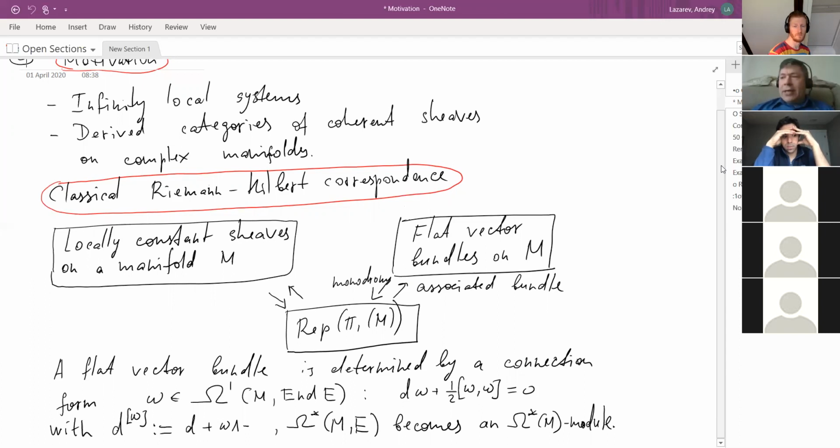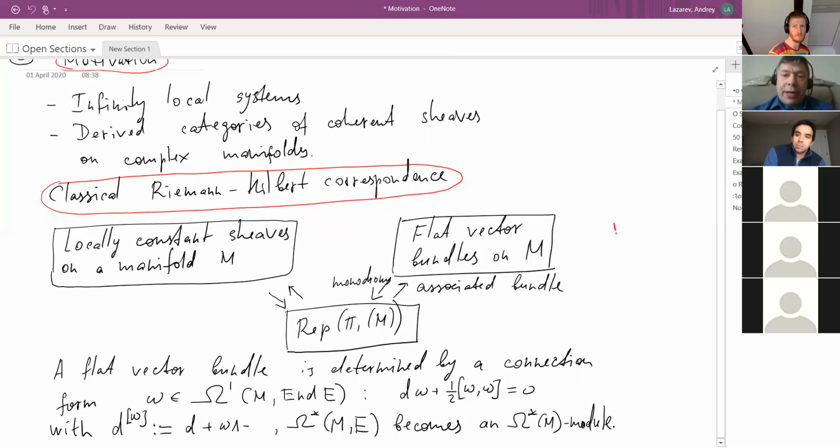One of the earliest occurrences of this result was a paper of Milnor, which was written in the middle of the 50s or something like that. It's possible that it was known even before that. So what is this correspondence? It's a certain equivalence of categories.